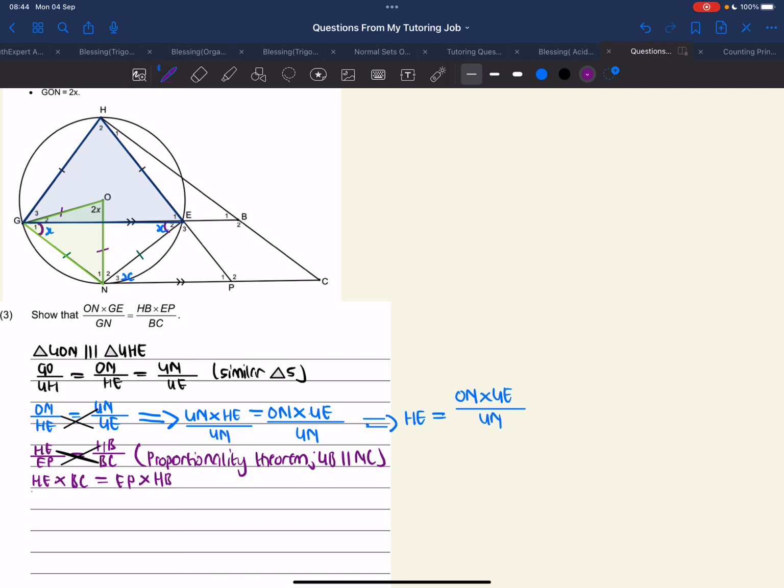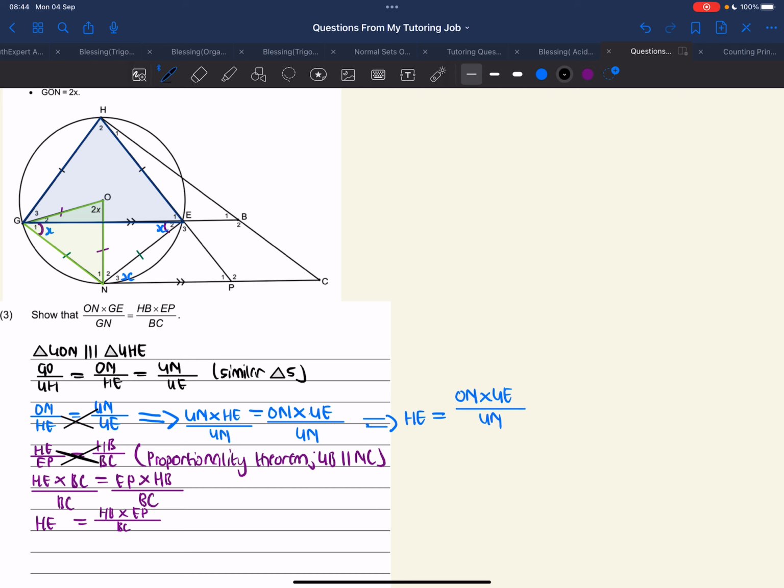To have HE alone, I divide both sides by BC. Then HE is equal to HB multiplied by EP divided by BC.